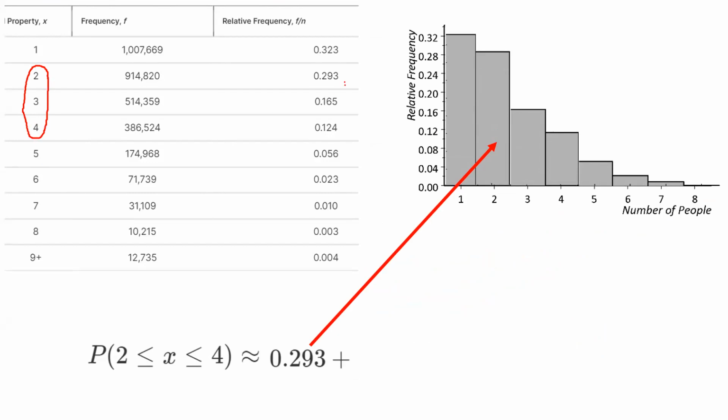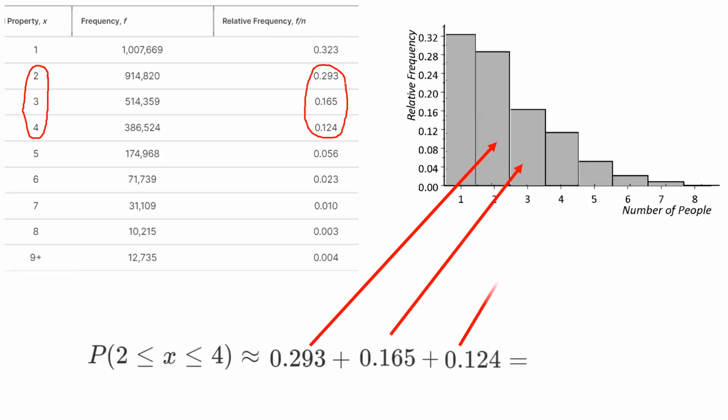So you're basically taking these 3 numbers and adding them all together. So 0.293 plus 0.165 plus 0.124. If you add them all together, it becomes 0.582, or 58.2%.